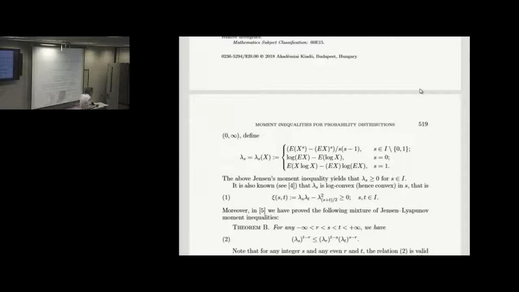So what do we obtain? We have a function f whose logarithm is convex.